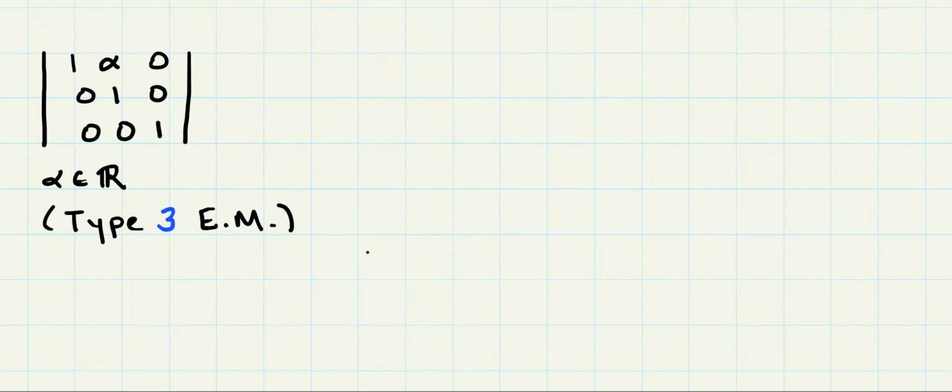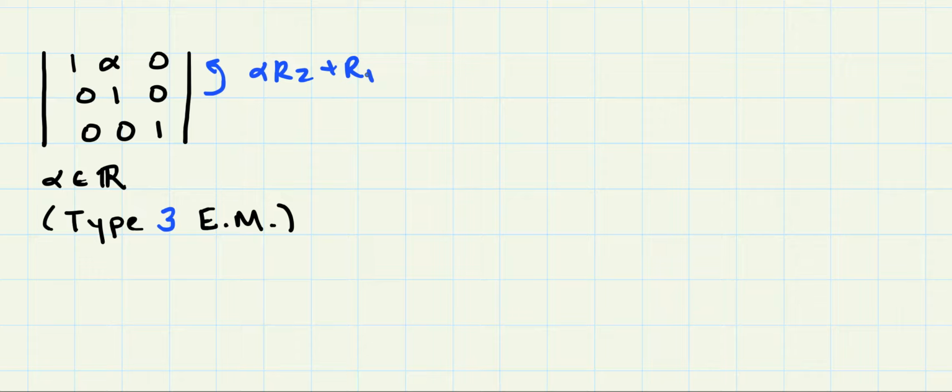Okay, what about the determinant of a type 3 elementary matrix? Like this one here. Here's just an example of a 3 by 3 matrix. And what I've done is I've multiplied this row, row 2, by a real number, and I added it to row 1. So alpha times row 2, and I added it to row 1.